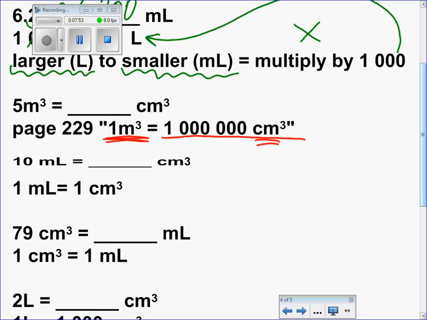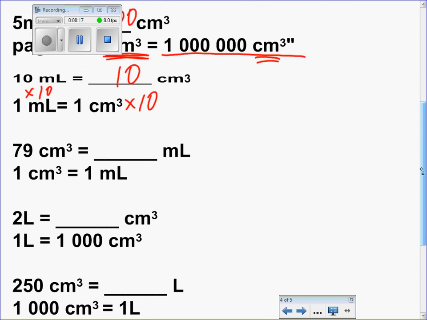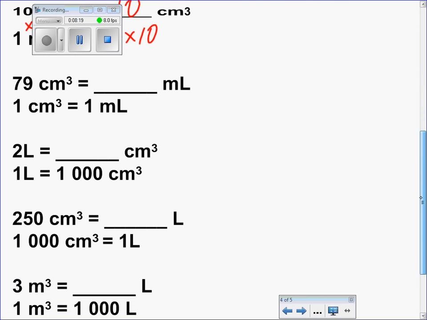So if I have 5 cubic meters, I have 5 million cubic centimeters. If I have 10 milliliters, how many cubic centimeters do I have? I have 10 cubic centimeters. I'll slide the screen down and let you finish off the last 4.